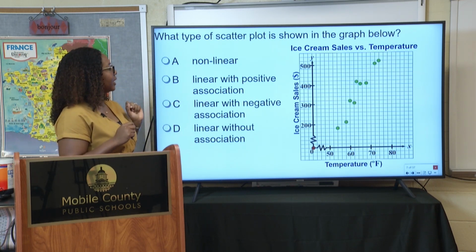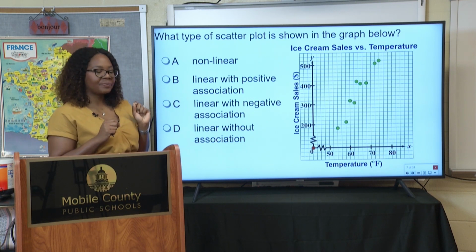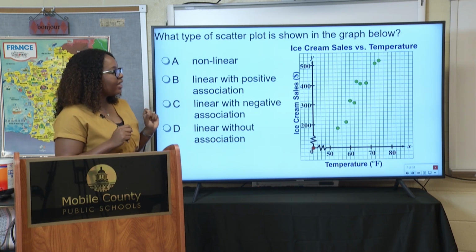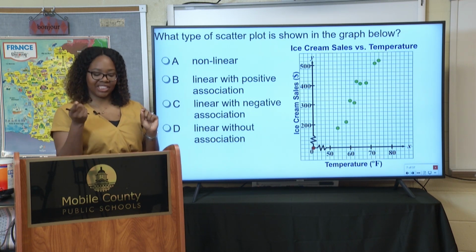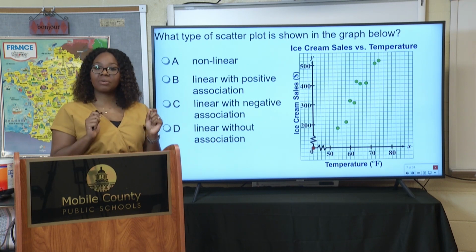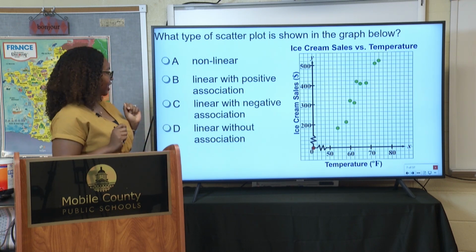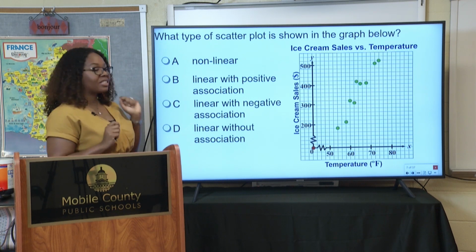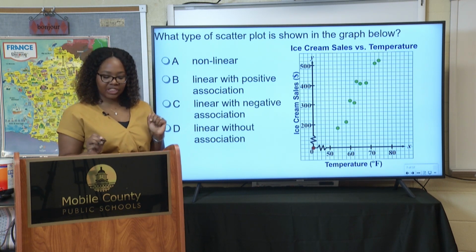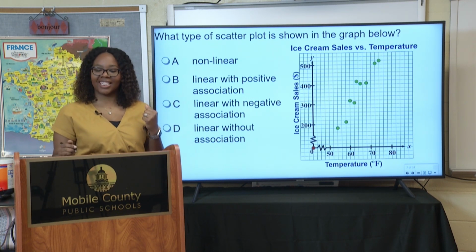So it's definitely linear, so we'll get rid of A. It is increasing, so it's a positive association. So this is a linear scatter plot with a positive association, and our answer here is B.